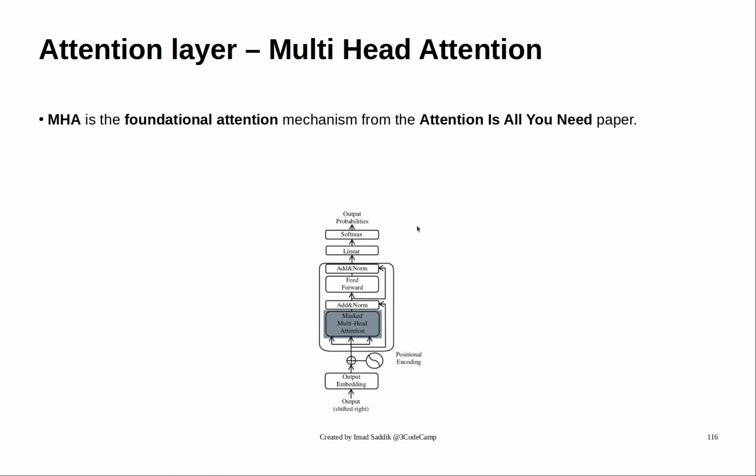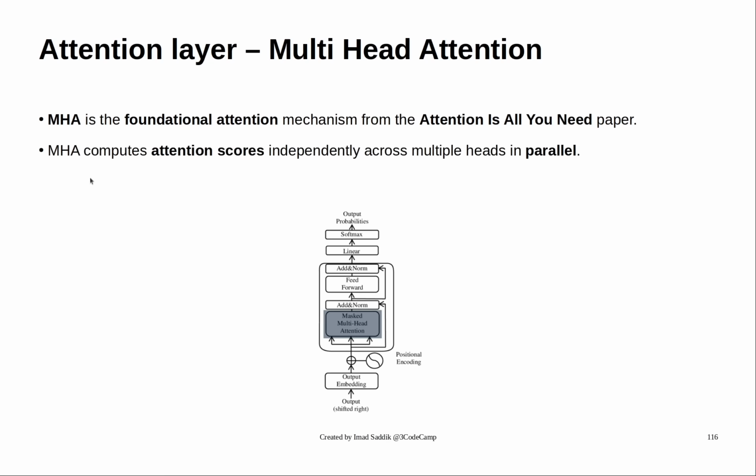You can see that it comes after encoding the input sequence. Here, in that specific Attention is All You Need paper, we were using positional encoding and word embedding or token embedding to encode the input sequence. And you can see the attention layer comes after the encoding and comes before the feed-forward network.